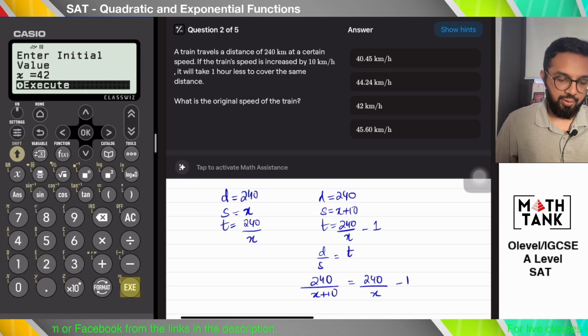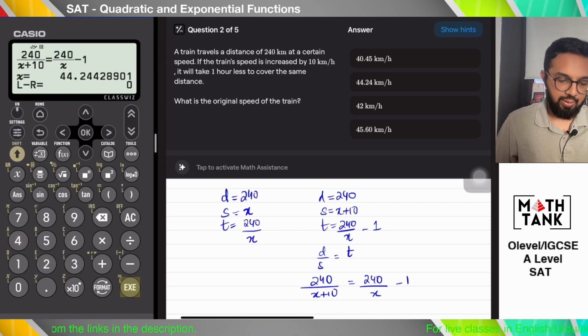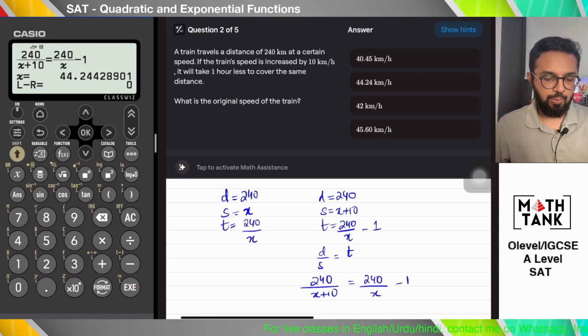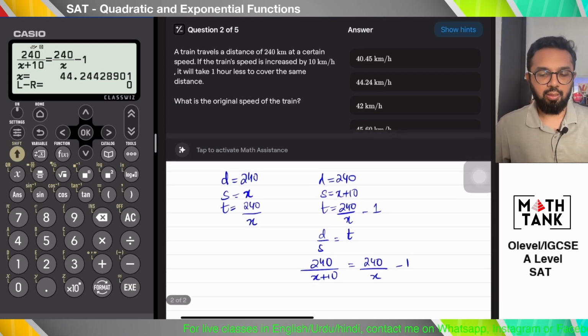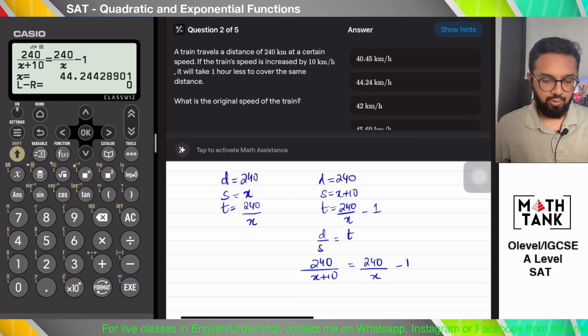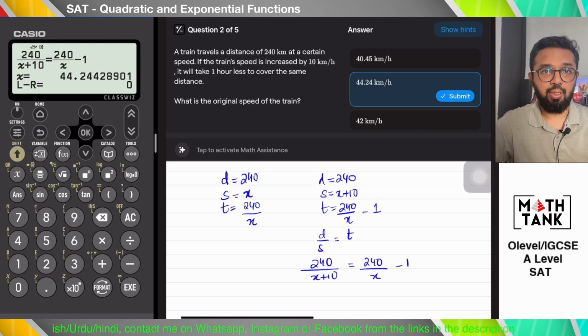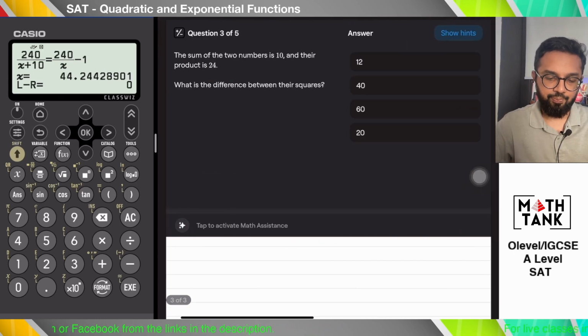I'm going to plug in 42 and execute and see what I get as the correct answer. It says 44.244. Is that the answer that I'm looking for? 44.244. Okay, so your calculator can do a lot of things directly. Try to do them directly on the exam.